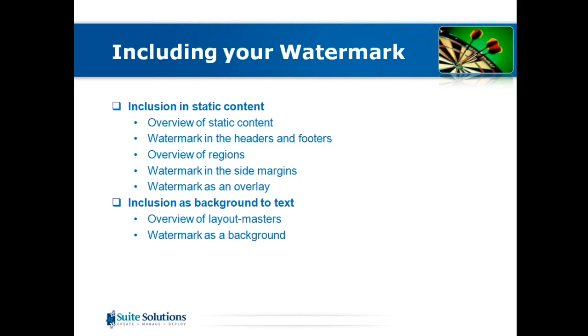We'll be giving an overview of what regions are and how they work in the style sheets, discussing how to implement the watermark in the side margins and how to implement it as an overlay. Then we'll be getting to including the watermark as a background to text. In order to discuss that, we'll be giving a quick overview of layout masters in the style sheets, and then we'll be getting to the specific details of how to include the watermark as the background.